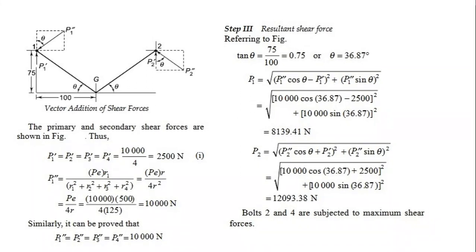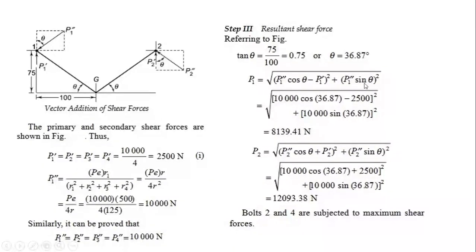Now we find the load at bolt 1. P1 equal to square root of (P1 double dash cos theta minus P1 dash) whole squared plus (P1 double dash sin theta) whole squared. Now we know all the values here: the secondary shear force, theta value, and primary shear force.